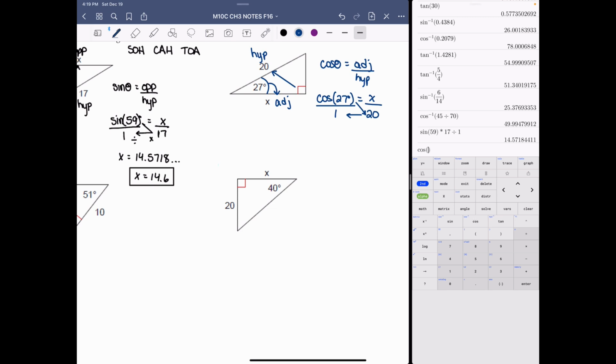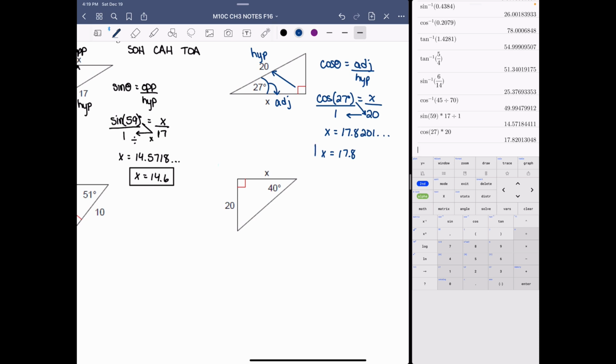Calculate cos in brackets 27, move out of the brackets, times 20, and dividing by 1 doesn't do anything here, so we get x is 17.8201... So rounded to the tenth, x is 17.8. In this unit, we round angles to the nearest whole number typically, and side lengths to the nearest tenth.